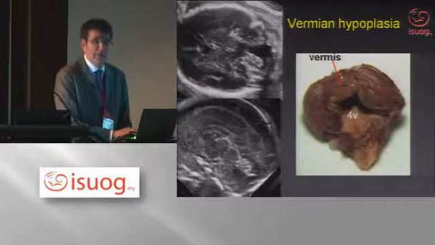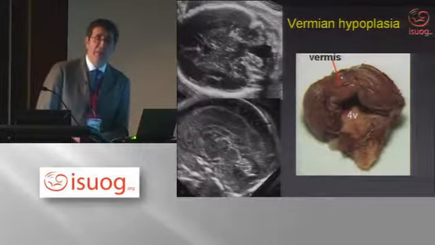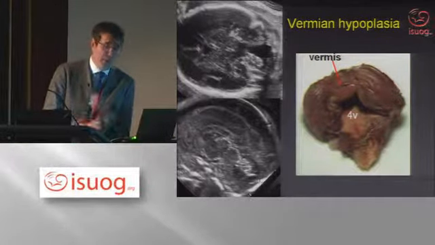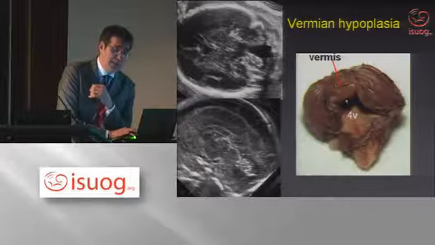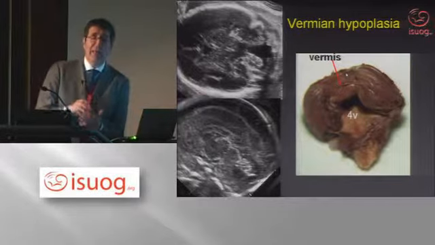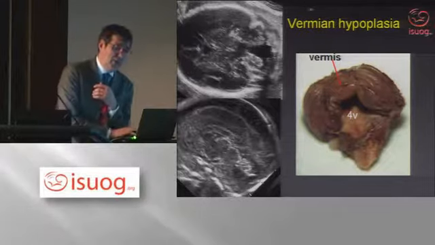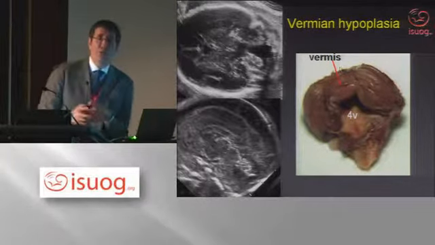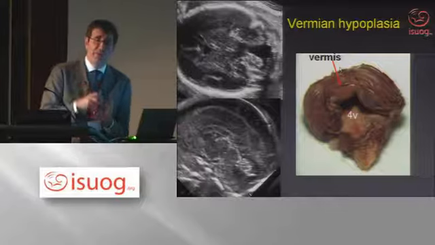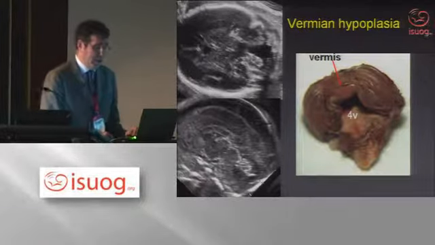As you can see, that is the vermis, which is severely malformed, not only because it is small, but it is not even lobulated. The vermis is called like that, the worm, because it has lobulation. But usually when you have severe hypoplasia, you do not have any more lobulation, so you have just this small bundle of echogenic tissue.